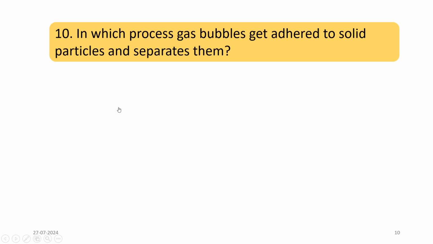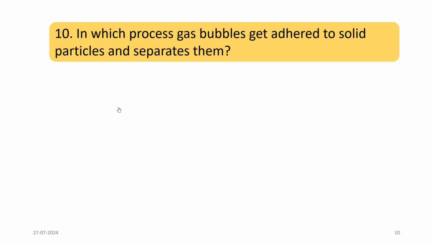Next, in which process do gas bubbles get adhered to solid particles and separate them? So here what happens? Some gas bubbles create adhesion with the solid particles, and they become buoyant and separate the solid particles from the other fine particles. So what process is this called?